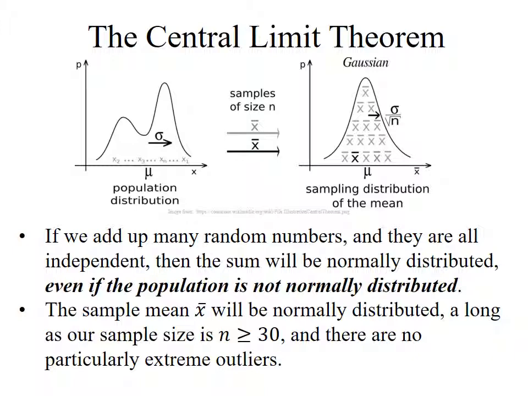But if I gather a sample of size n from that, and another sample of size n, and another sample of size n, the distribution of all my sample means, all my x bars, is going to form a normal distribution, even if I'm drawing from a population that is not normally distributed, as long as the sample size is larger than about 30 or so, and that there are no crazy, particularly insane outliers in it.